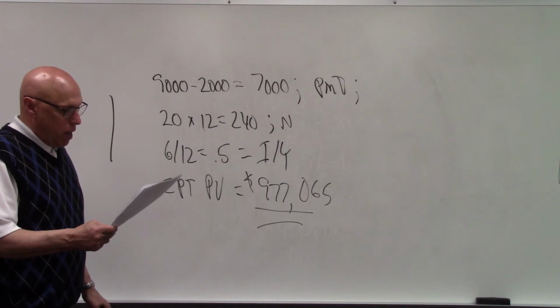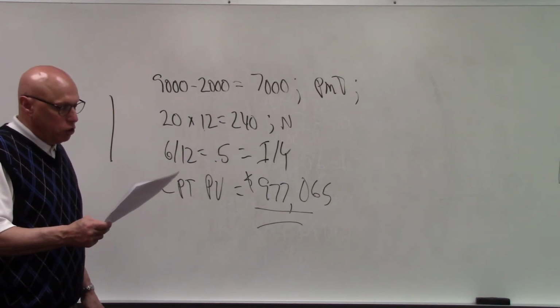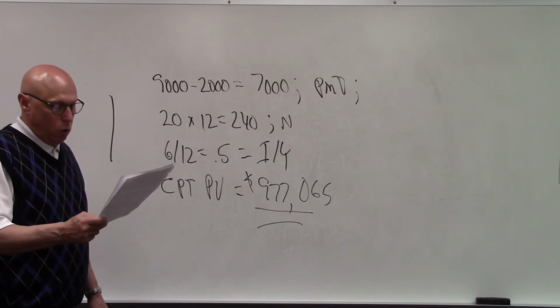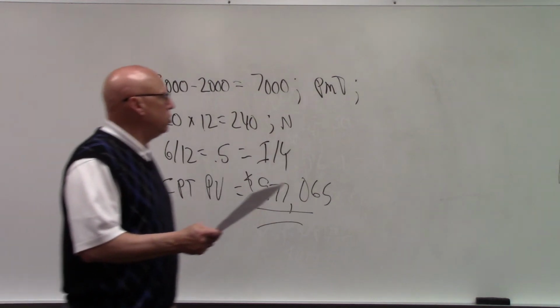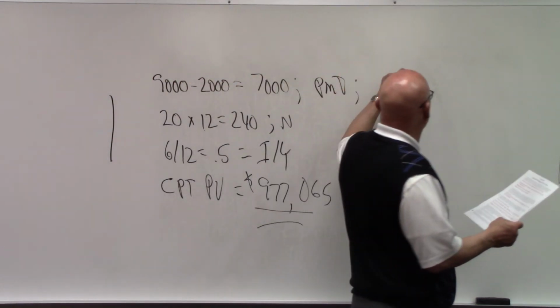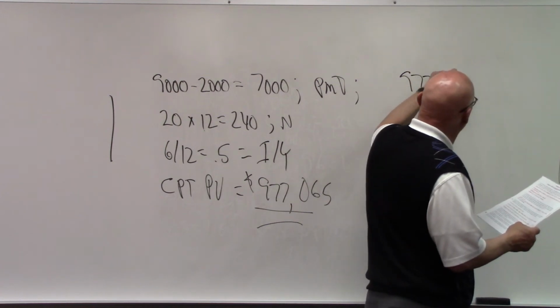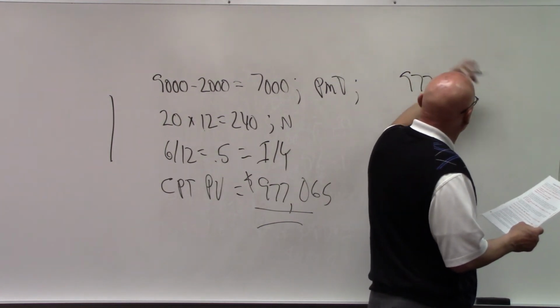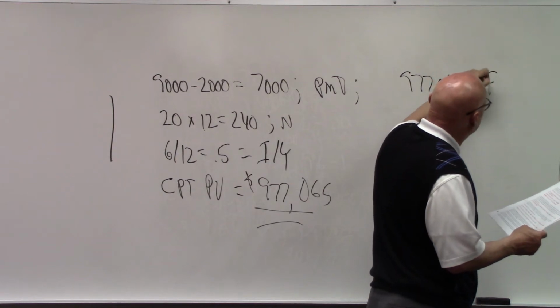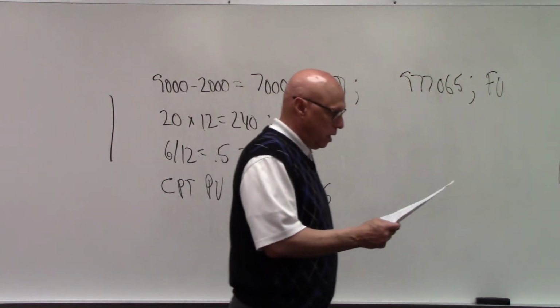All right, how much do you have to save each month to reach your retirement goal? Okay, so 977,065 is now your future value. Okay?